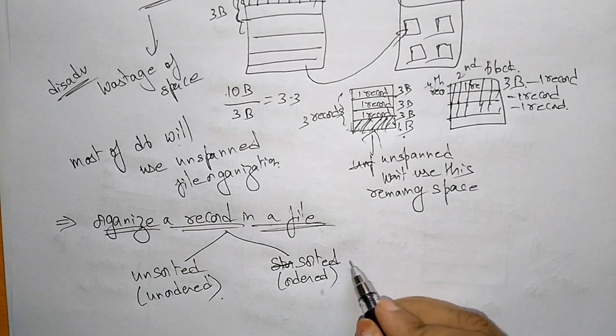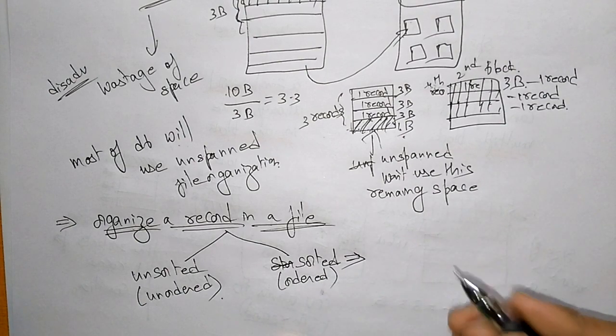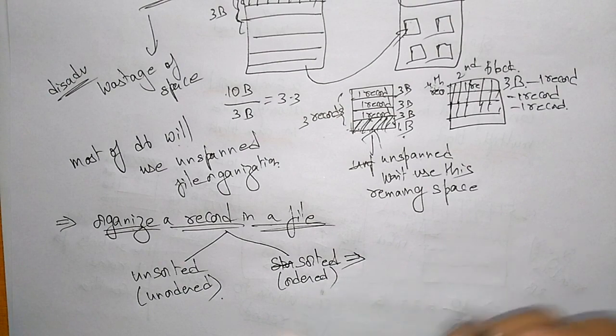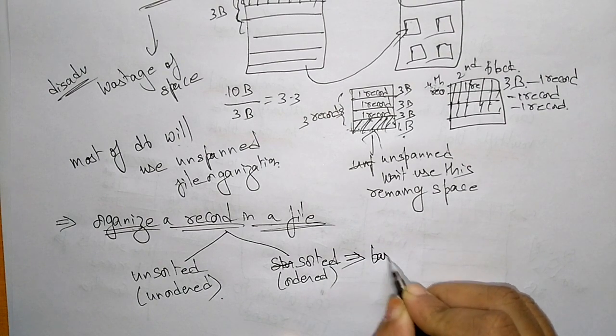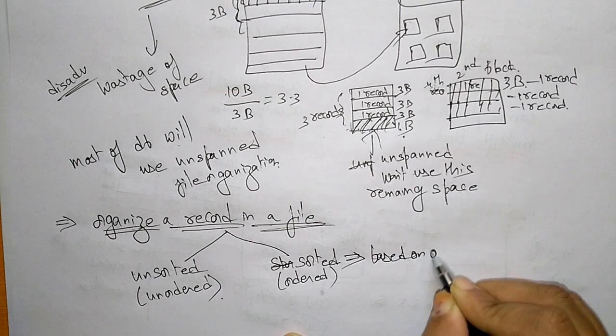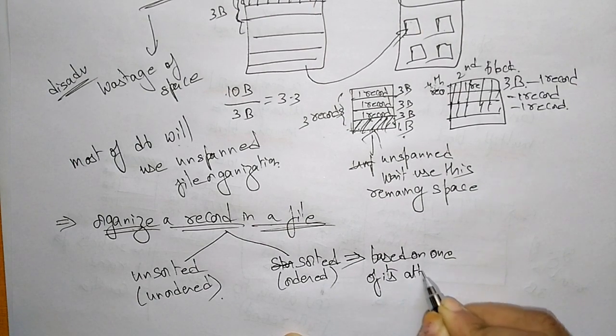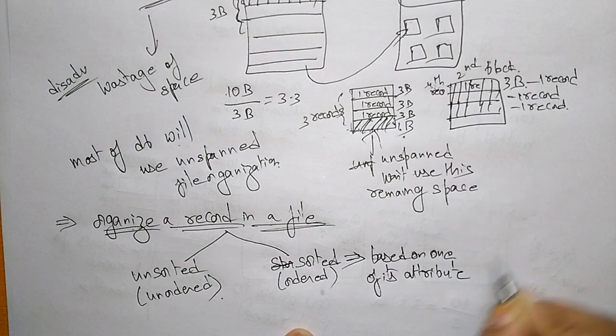Okay, so sorted is always based on one of the attributes in the record. So it takes any of the attributes.